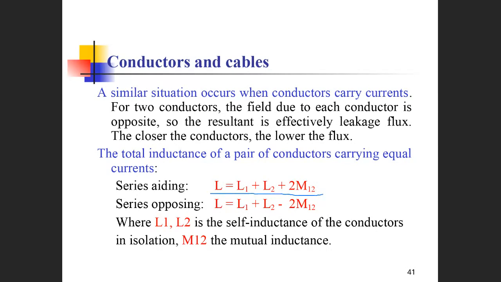Then the total inductance of the coils will be self-inductance 1 plus self-inductance 2 minus 2 times the mutual inductance. If there's no leakage, you can imagine L1, L2, and the mutual inductance have very close values, because the mutual is N1 N2.